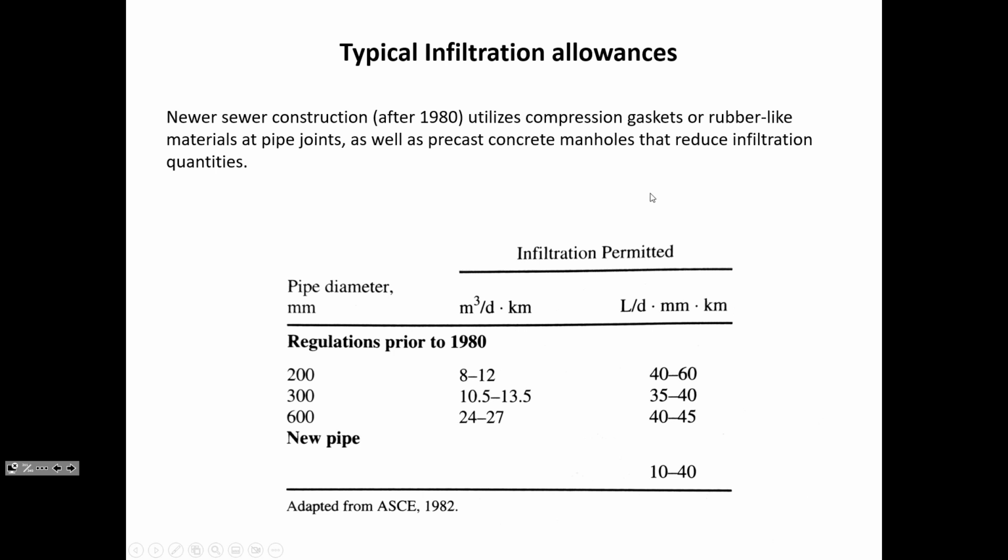How much you should plan on was based on the area of land that's being serviced, and you can see that when you have new construction, the amount of infiltration inflow is going to be quite a lot less.